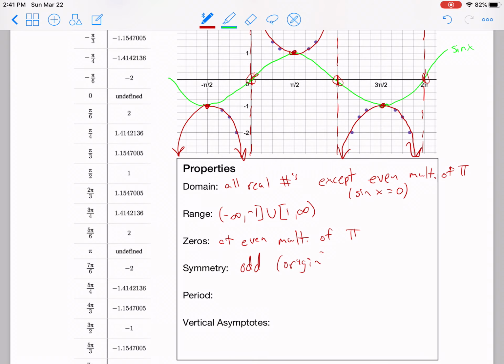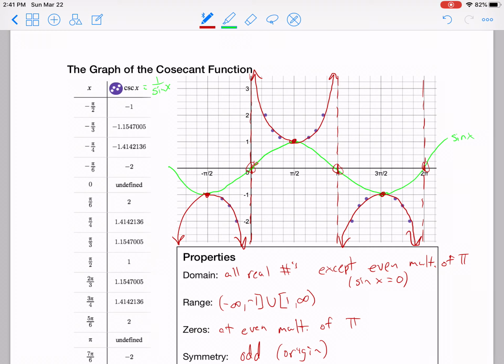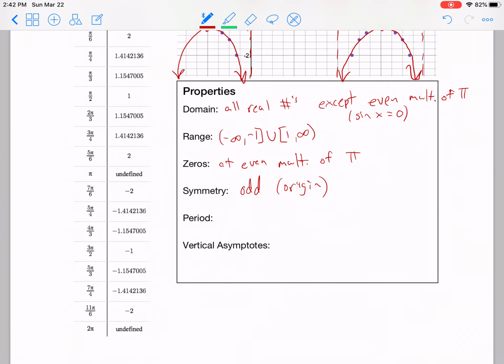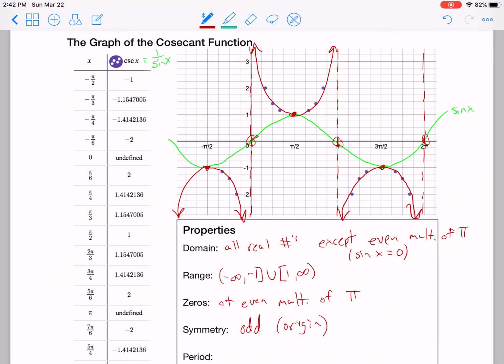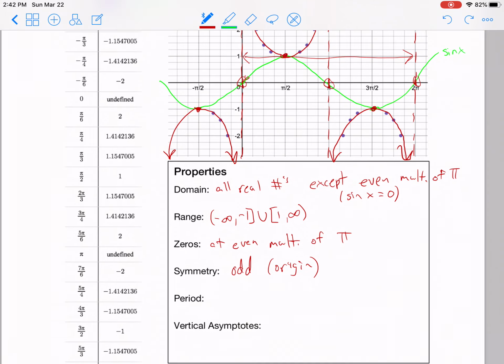We can't just fold it over the y-axis and get it, but we can rotate it around that axis, and then this piece would rotate down and directly go on top of that piece. So, about the origin, our period here is again 2 pi, because we have to go from here all the way to here, and over here in this part is where we'd have the right side up, the U shape again. So our period is going to be 2 pi.